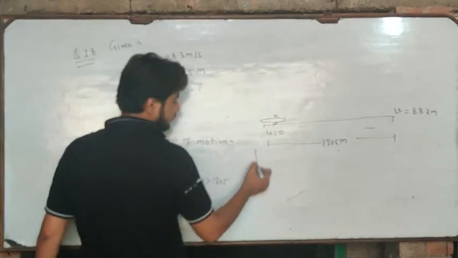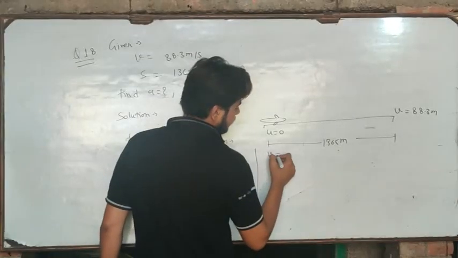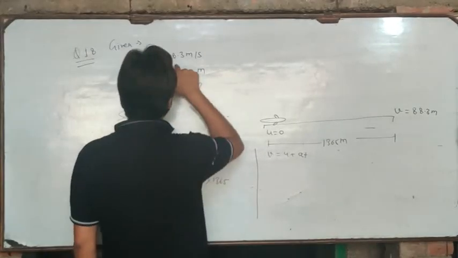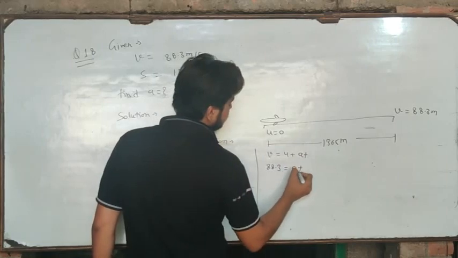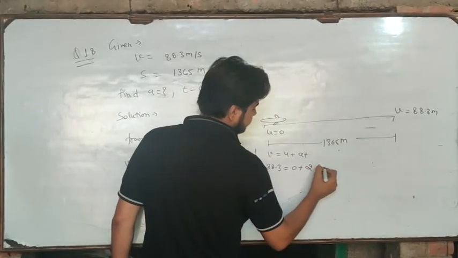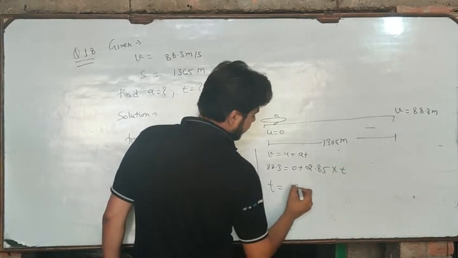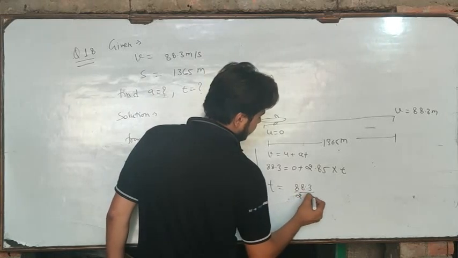Now we have to find the time. In the first equation, v is equal to u plus at. We know the value of v: 88.3 is equal to 0 plus 2.85 into t. So t is equal to 88.3 divided by 2.85.